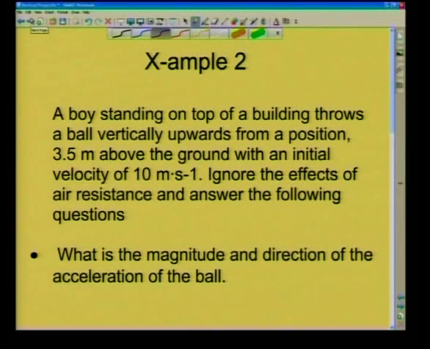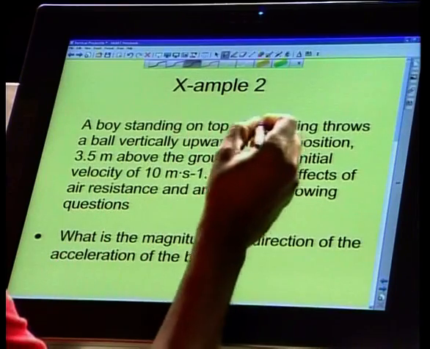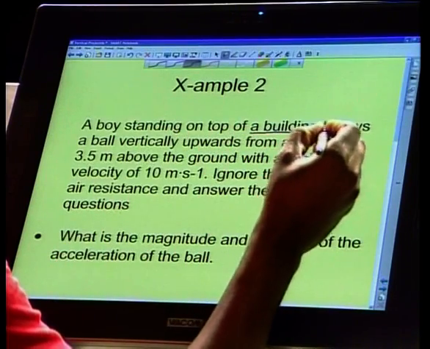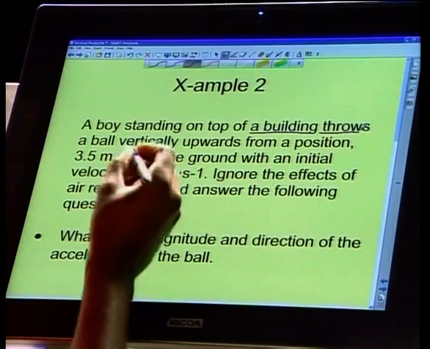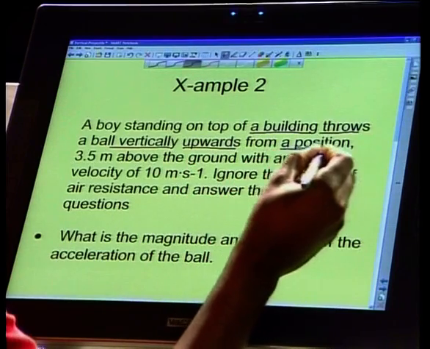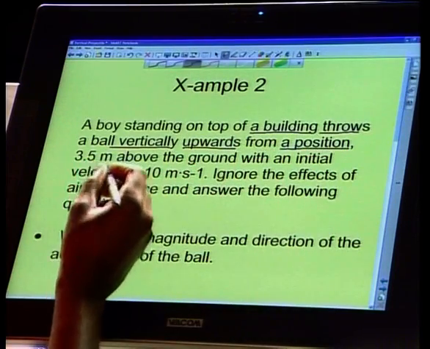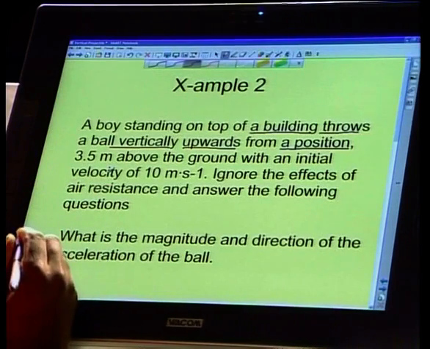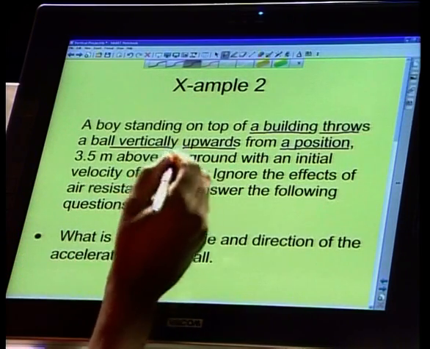Now it's time for us to look at some examples to see how we can use these equations to solve problems. Let's look at example 2. A boy is standing on a building. He throws a ball vertically upwards from a position 3.5 meters above the ground with an initial velocity of 10 meters per second.